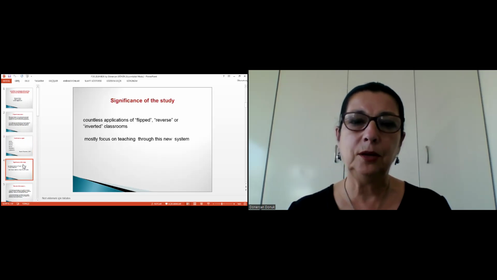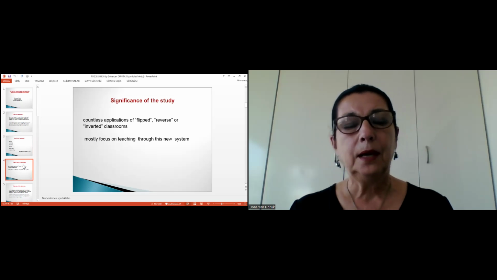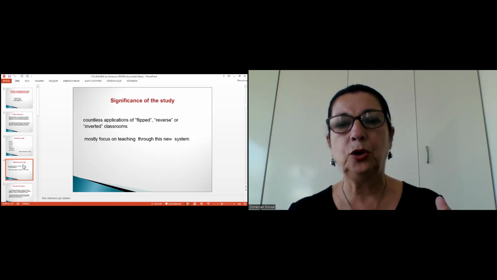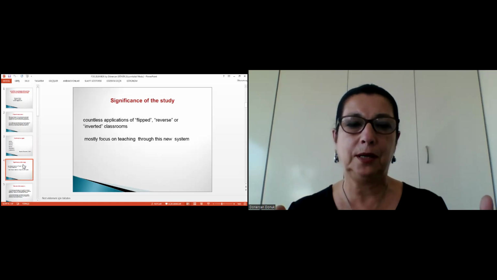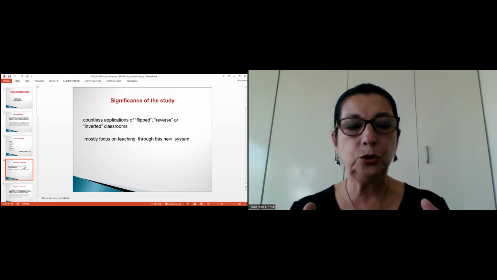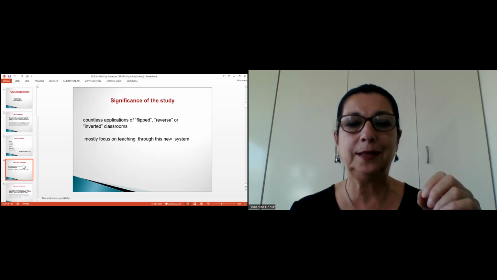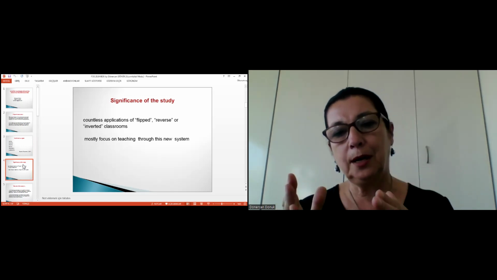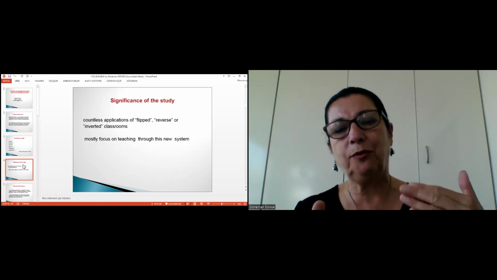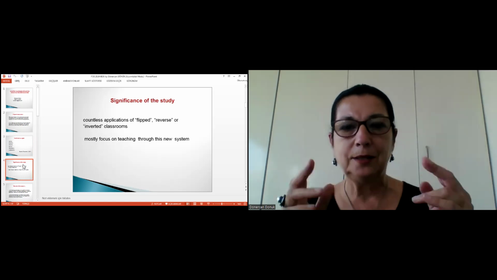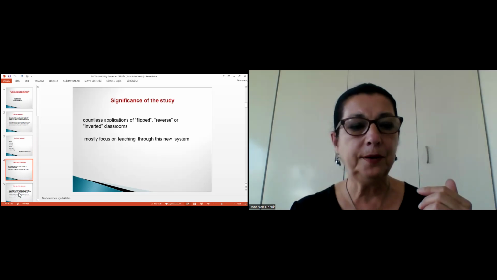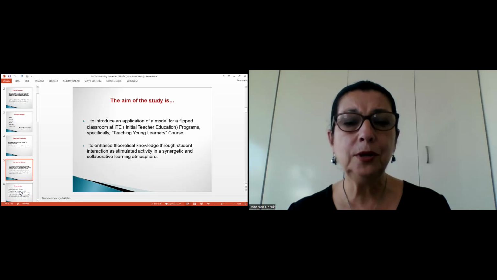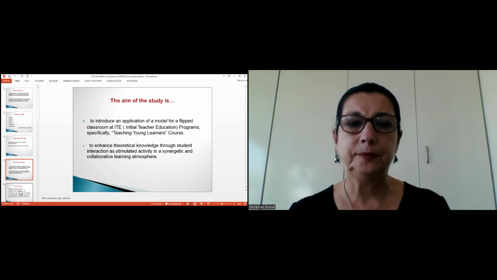So what is the significance of this study? There are countless applications of flipped, reverse, or inverted classrooms. However, most of these applications focus on teaching through new systems of flipped classrooms, or the other terminology. However, they do not invest in the teachers.